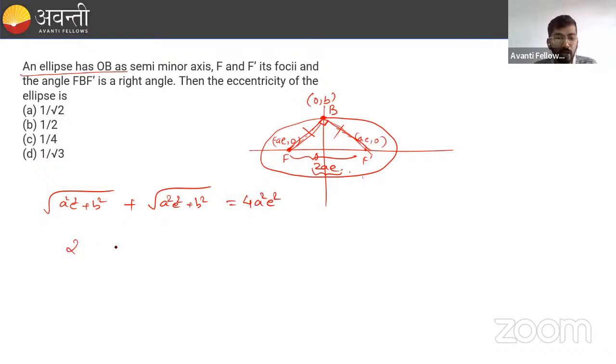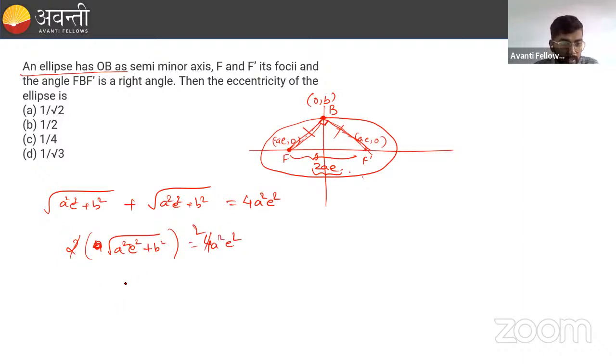Now this becomes 2 times under root of A square E square plus B square equals to 4A square E square. You cancel this by 2.